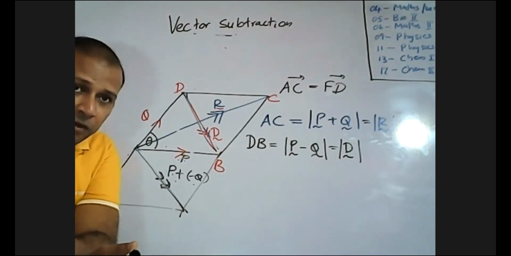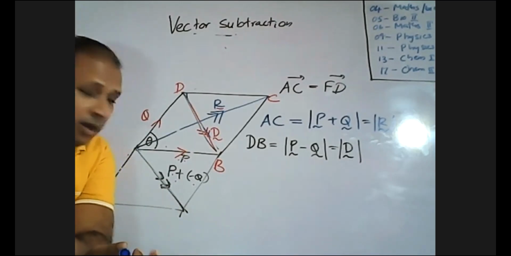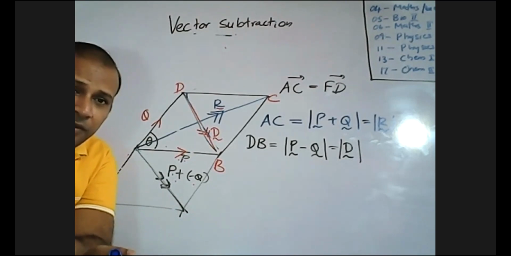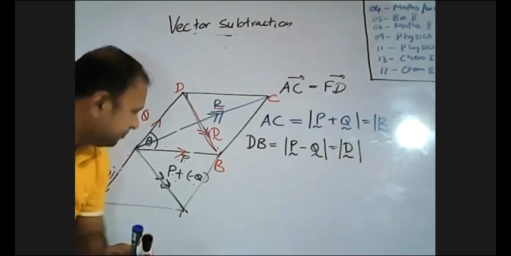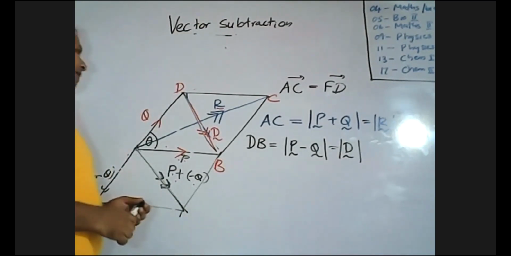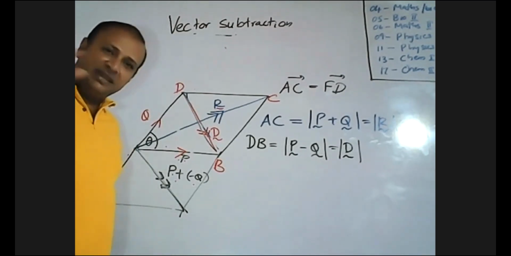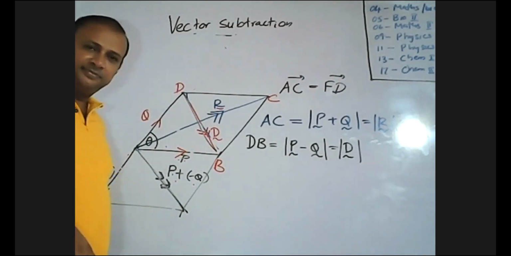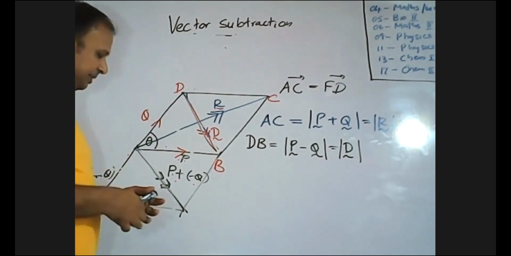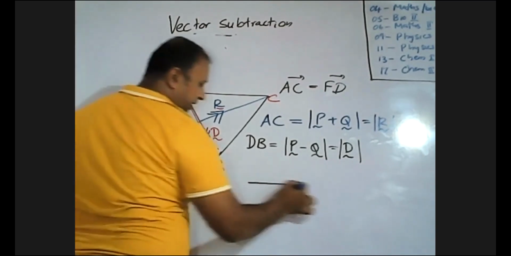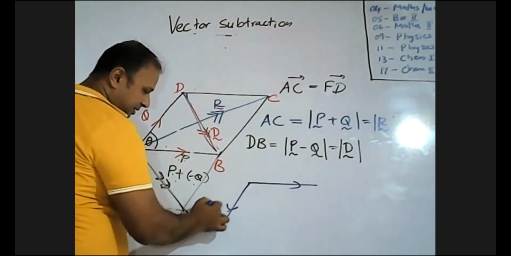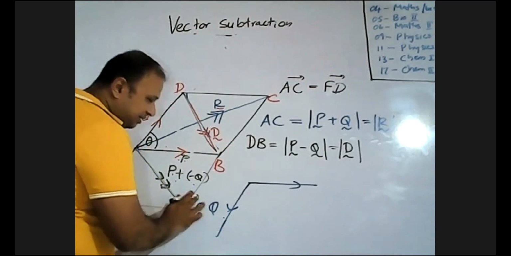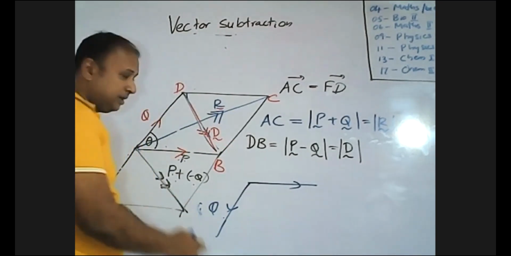Therefore, if Q is in the other way, then there's another situation. That means P is in this direction, and Q is in this direction. Original Q is in this direction. This is P.